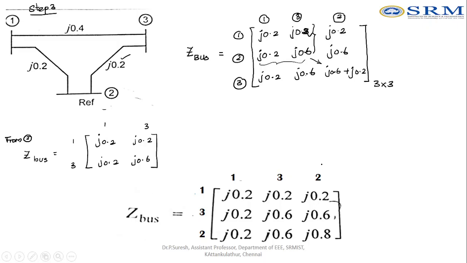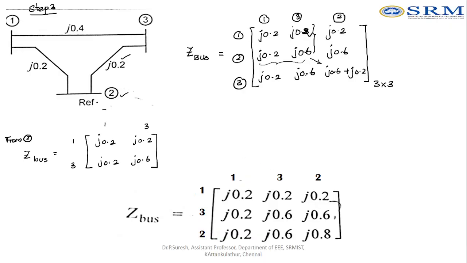Now, as I told you earlier, for the given bus system, as we have 3 buses, one of the buses should be taken as the reference bus. So in this case, we took the second bus as the reference bus. Leaving that, we have only 2 buses, but we arrived at a matrix size of 3 by 3. So one row and one column should be eliminated, so that we can find a 2 by 2 matrix. Which row and which column should be eliminated?